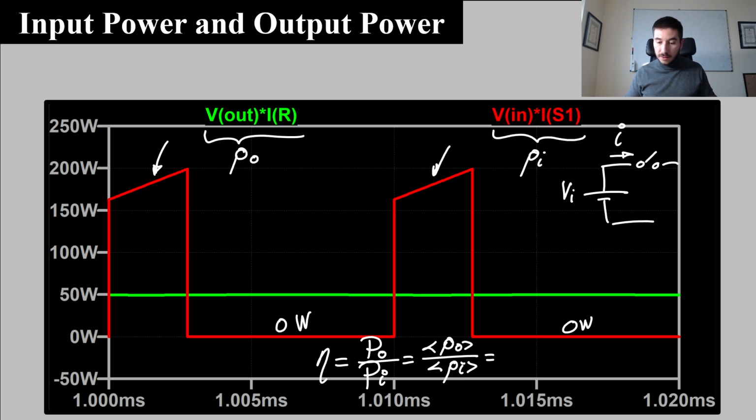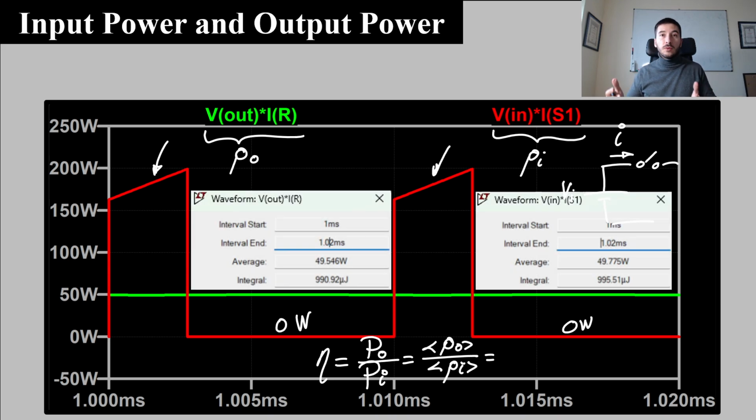If we draw the waveforms and consider one, two or three switching periods, we take the average value from LTspice and determine the average input and output power in this way. As you can see here, the average output power is 49.5 watts, and here we have 49.7 watts.